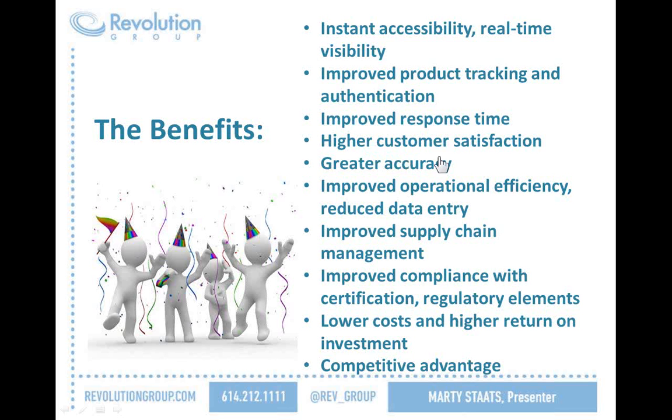Obviously, that's going to lead to higher customer satisfaction. You're going to have greater accuracy in your inventories, which is going to allow for better operational efficiency. Reduced data entry is also going to improve your operations. It's going to improve your overall supply chain management, because they're going to be focused on other issues besides inventory accuracy.